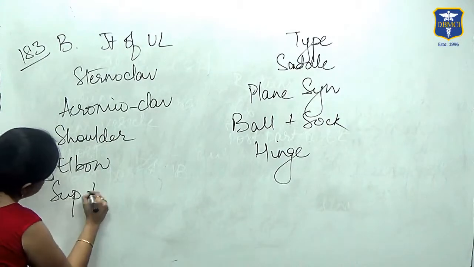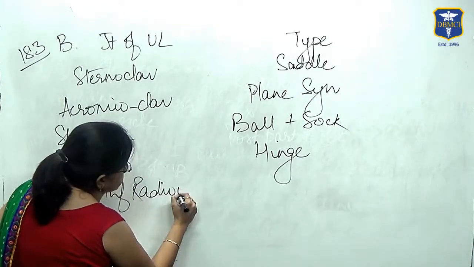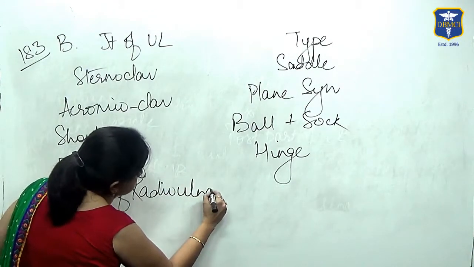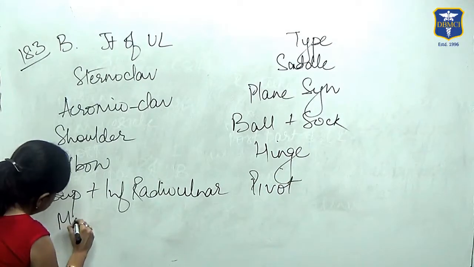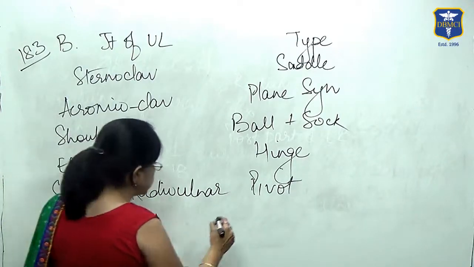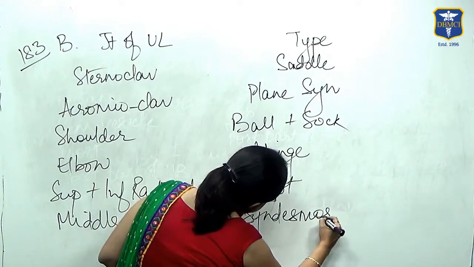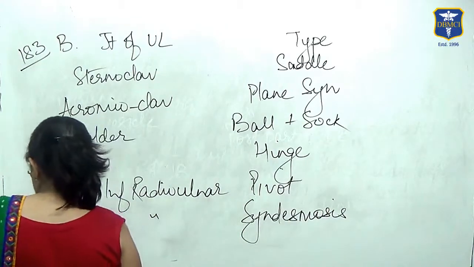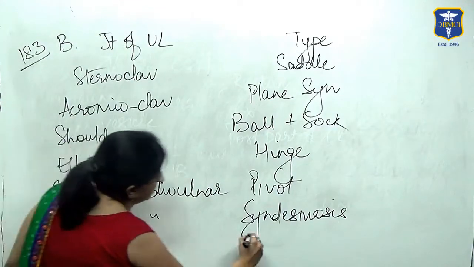Superior and inferior radioulnar, pivot. Middle radioulnar is syndesmosis. Wrist, ellipsoid.